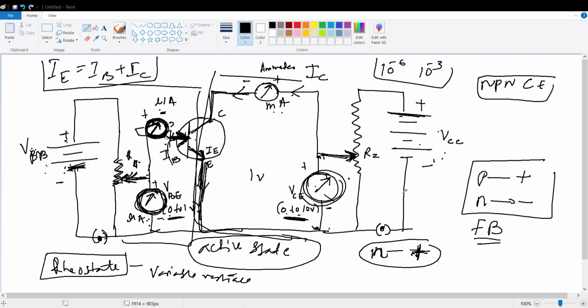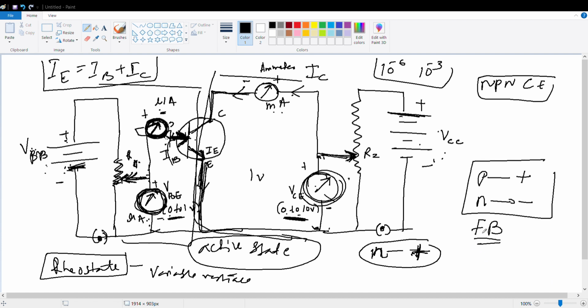Yes or no? VCE by R2 is IC. So you are changing VCE. When you are changing VCE, automatically IC will change. So with the changes of VCE, it will create a change in IC also. So hence the plot between the IC and the VCE is the output characteristic.